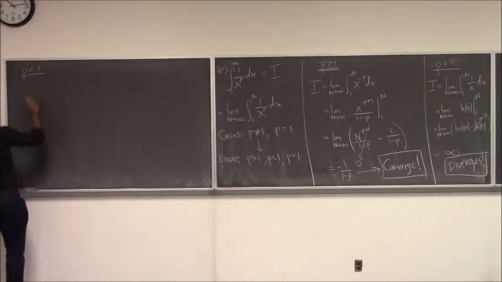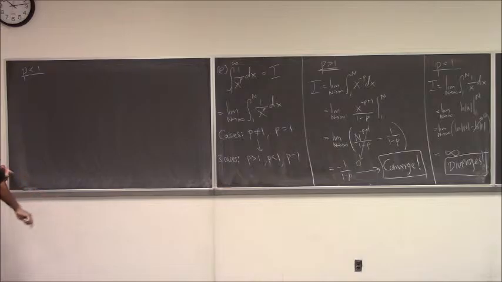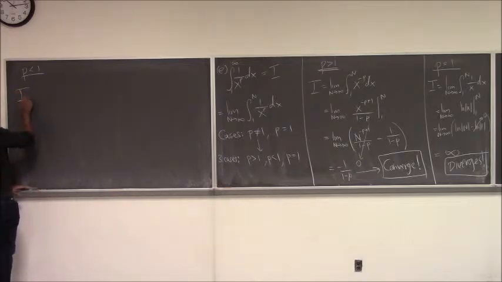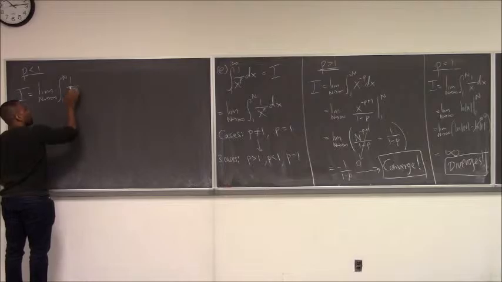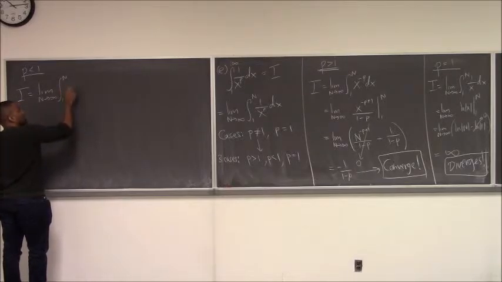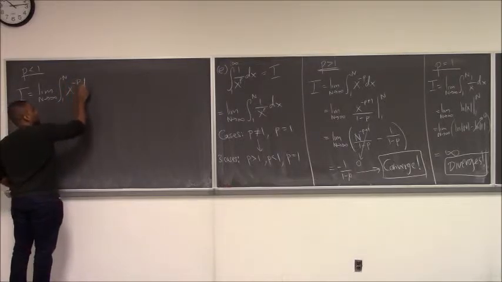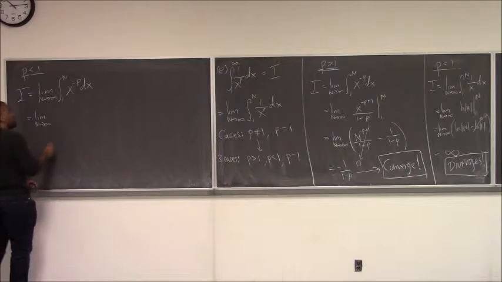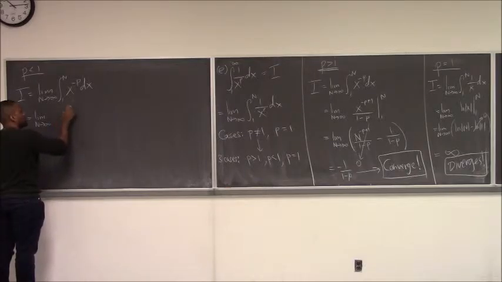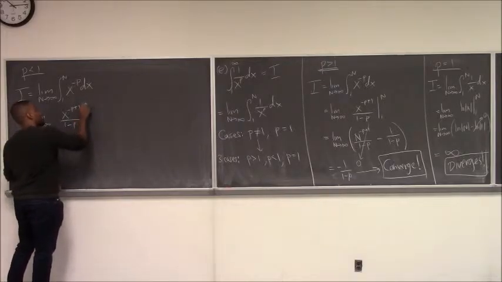P is less than 1. Then our integral is going to be the limit as n approaches infinity. Of course, if it's not 1, I would use the power rule, so I'll just write it like this. This is the limit as n approaches infinity of, again, x to the minus p plus 1 over 1 minus p, from 1 to n.